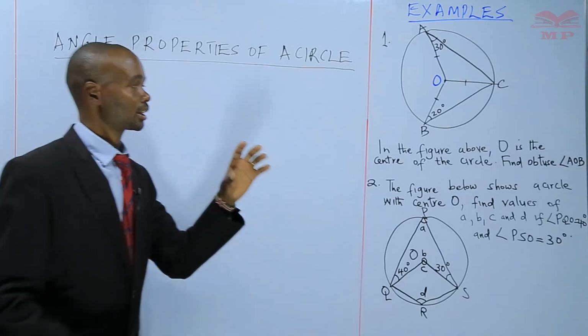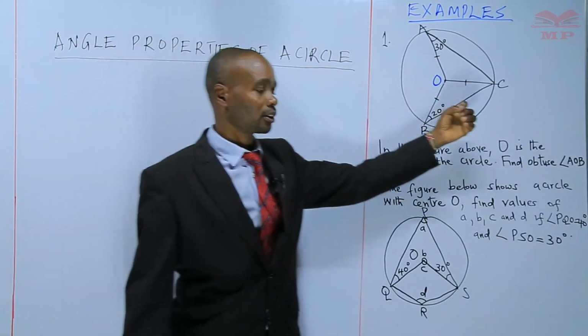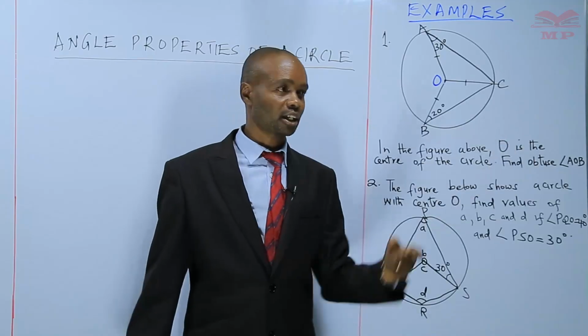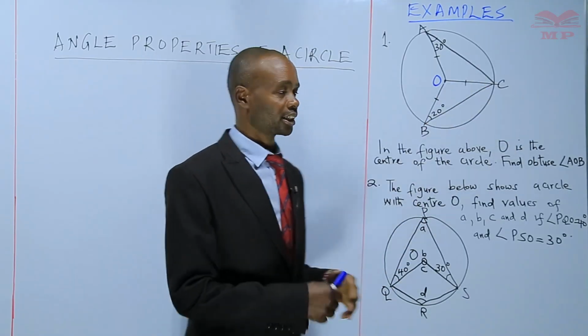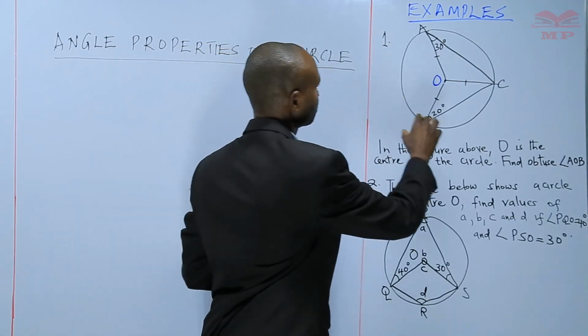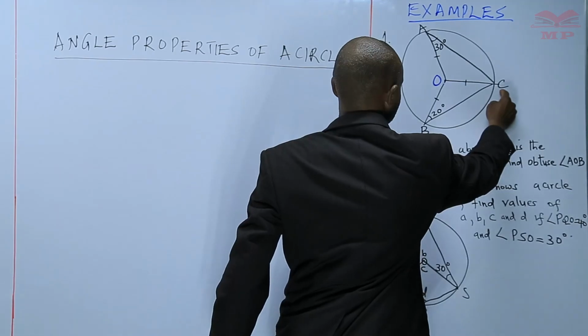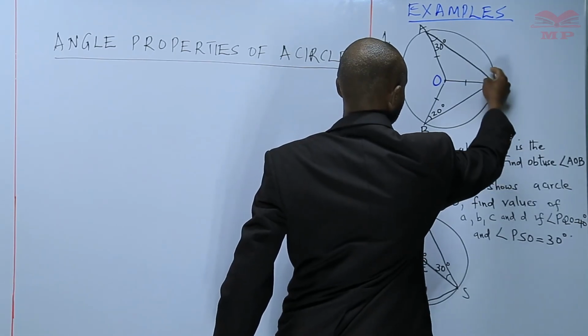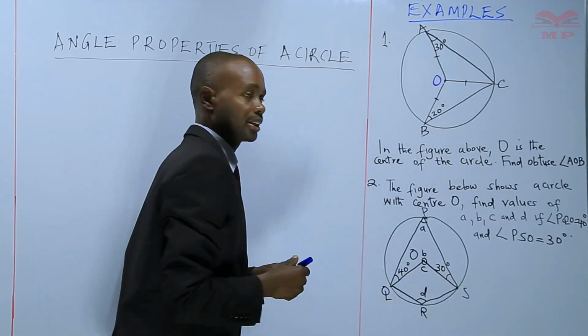And also there is another slight concept. You know what we call an isosceles triangle. In an isosceles triangle, two angles are equal. So if we go to our question, we shall first of all find C, the value at the circumference, the value of angle ACB.